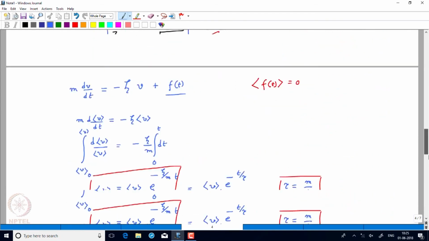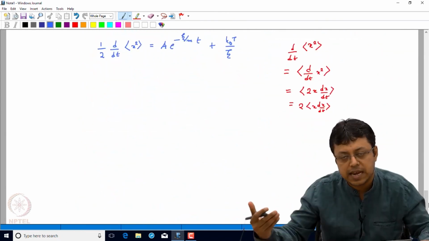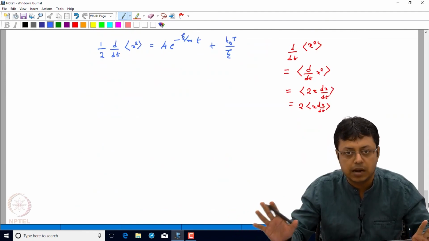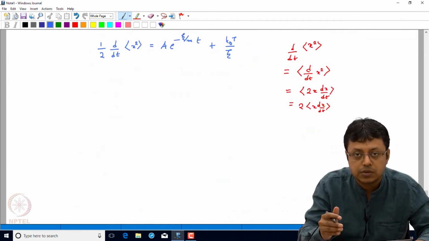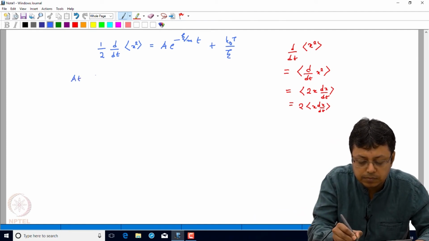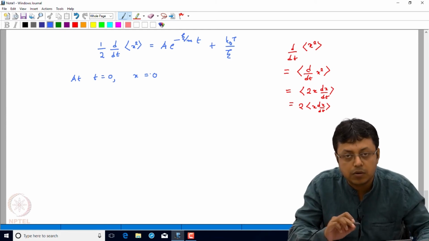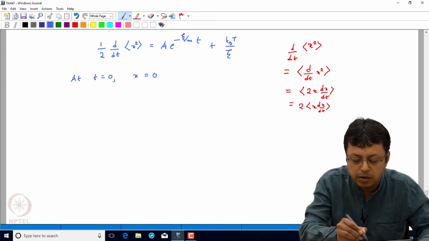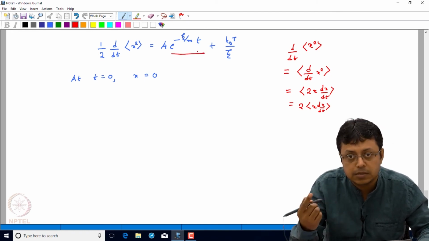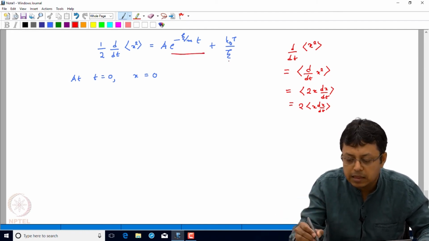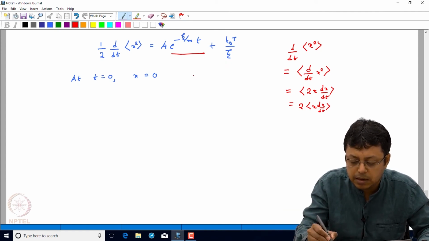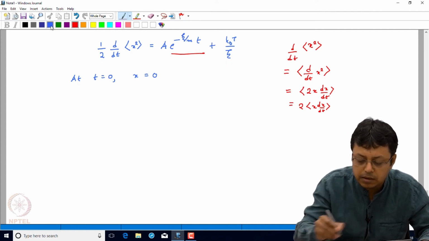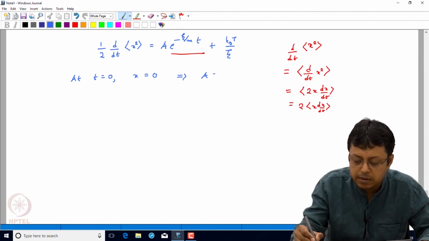Now instead of choosing the origin to be x0, I can set x0 to be 0, because that is purely arbitrary. So at t equal to 0, x is equal to 0. Now you can put this back in your original equation, so the left hand side becomes 0, and e to the power minus zeta by m times t becomes e to the power 0, which is 1. Then I get A is nothing but minus kBT by zeta.